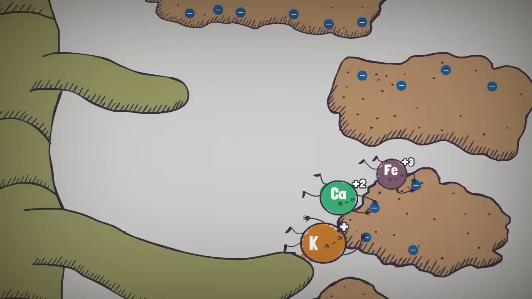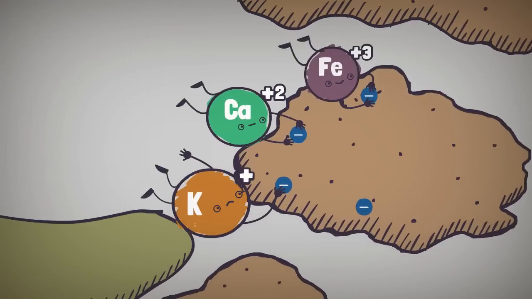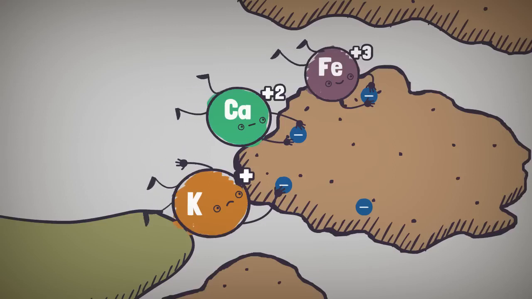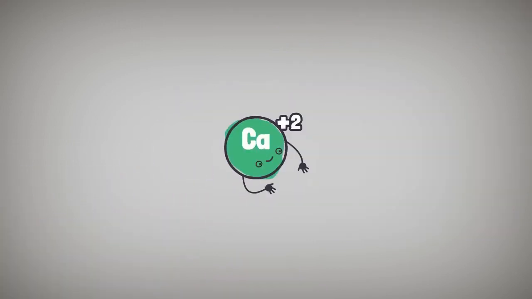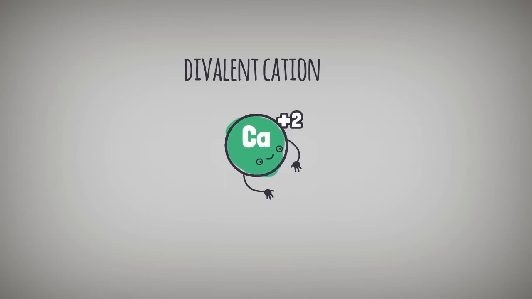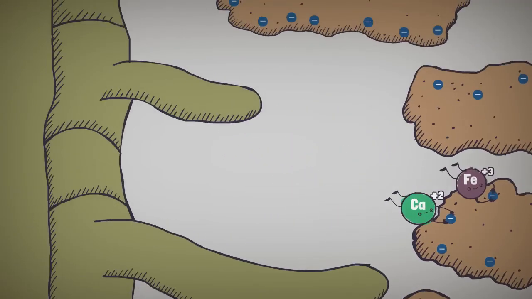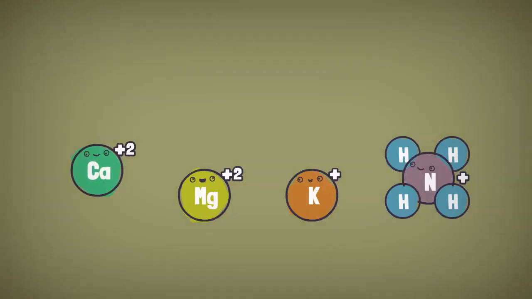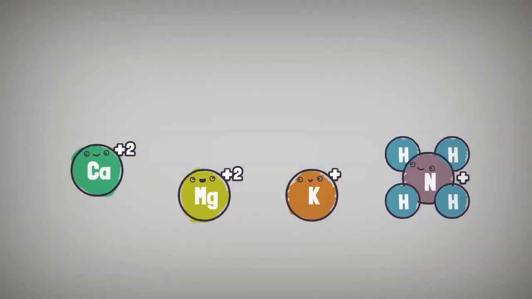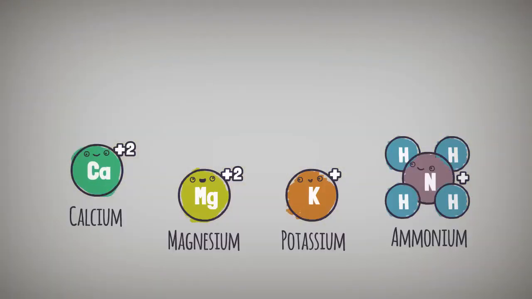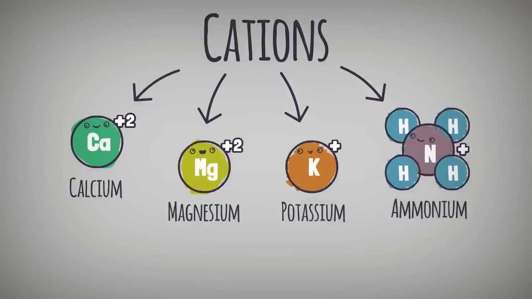That's because a cation with high positive charge and small size is preferentially held by the soil over those with lower charge or larger size, meaning that a large cation with a positive charge of 1 will be the first to be released. A divalent cation having a charge of 2 will be released more easily than a cation with a positive charge of 3. Whether they are held tightly or not, the nutrients are available to the plant in exchange for other cations.